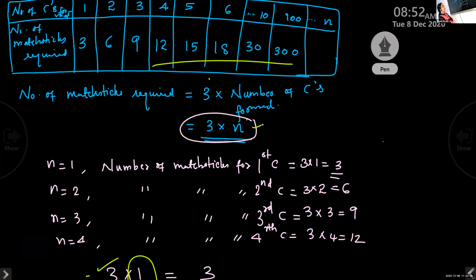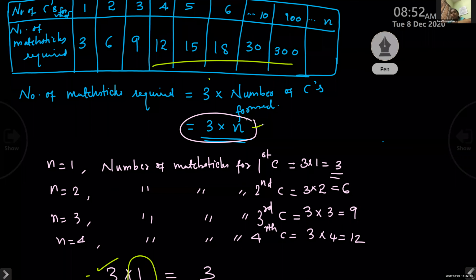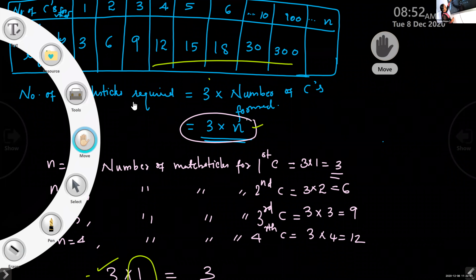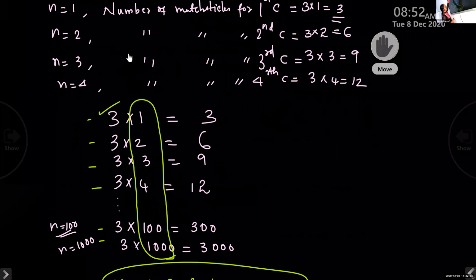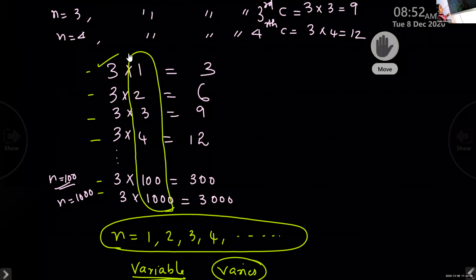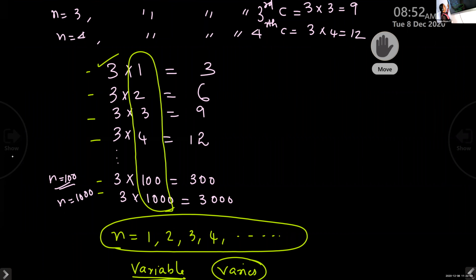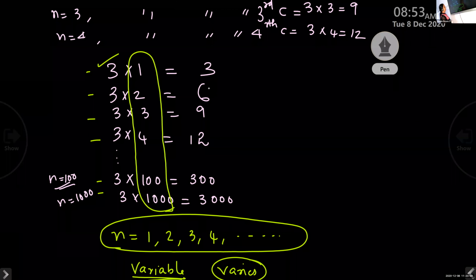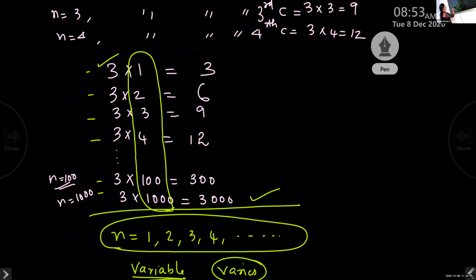Okay, children? Now you understood how we are deriving. So the same way we will derive. This is one detailed way I have written, but when you derive, no need of writing this much detailing, you can simply derive and find the rule. Up to this you write.